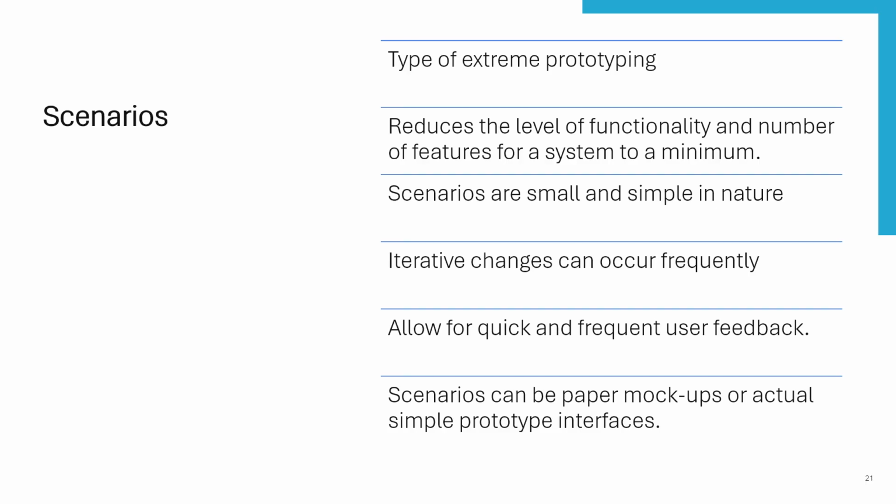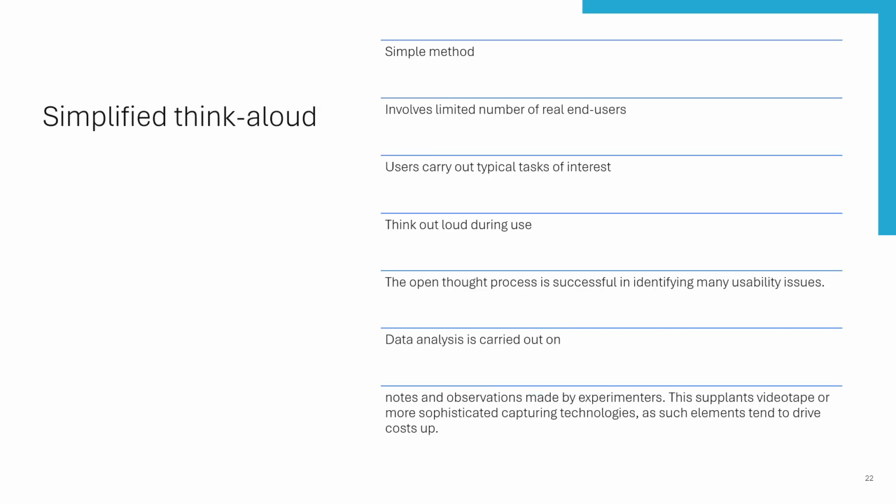to design those prototypes. The simplified think aloud is another simple method. You have a limited number of real end users who walk through the prototypes, and you ask them to do some task similar to the scenario. But what they are asked to do is just speak out what they are thinking while navigating that prototype.